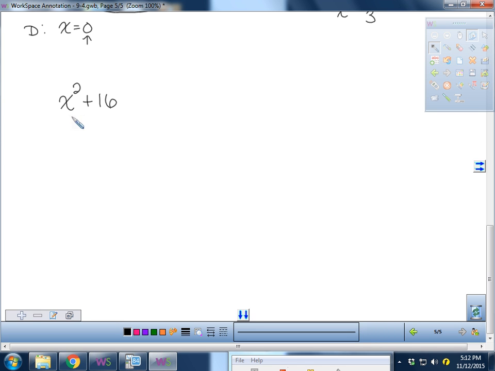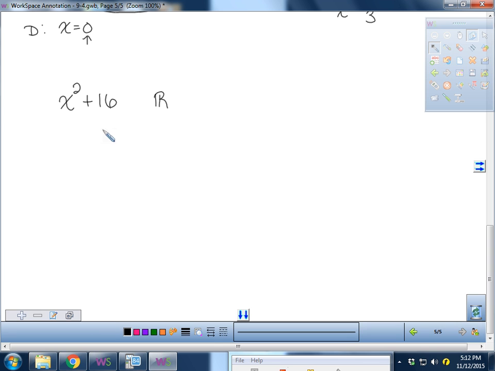If you don't have an x under a square root or in your denominator, then there's nothing that x cannot be. So let me reiterate. If you don't have an x in the denominator and there is not an x under a square root, then your domain will be all real numbers. You can just write the little double-struck R. That represents all real numbers.